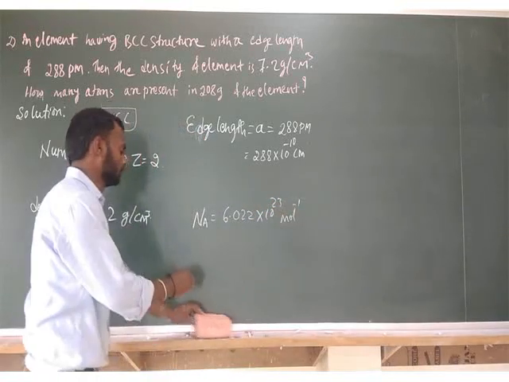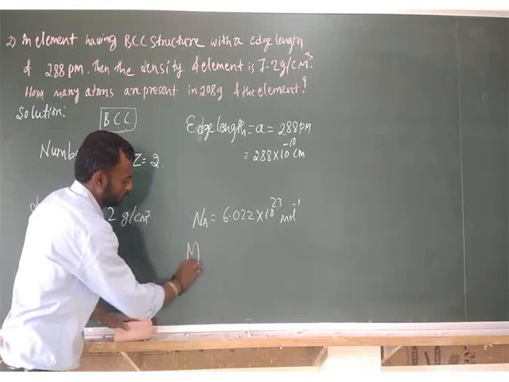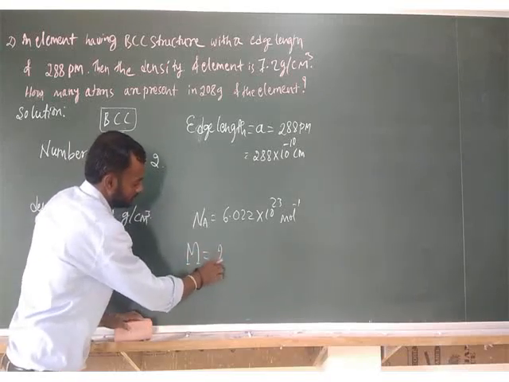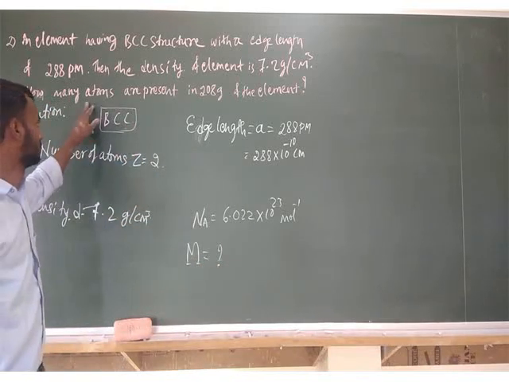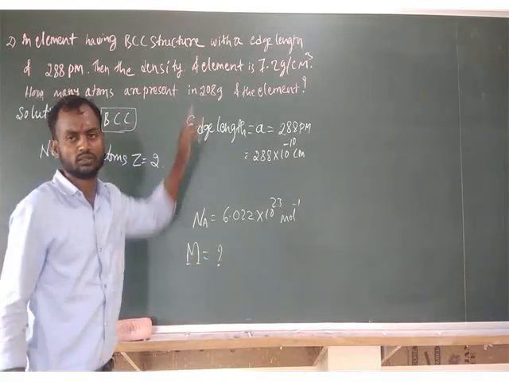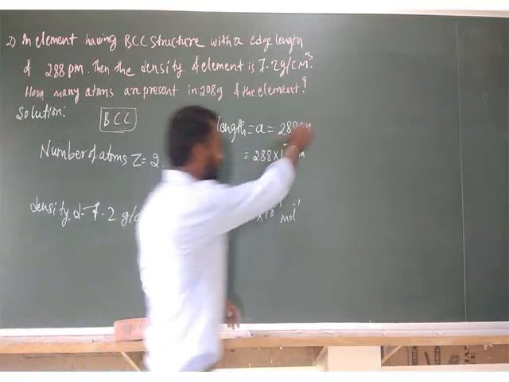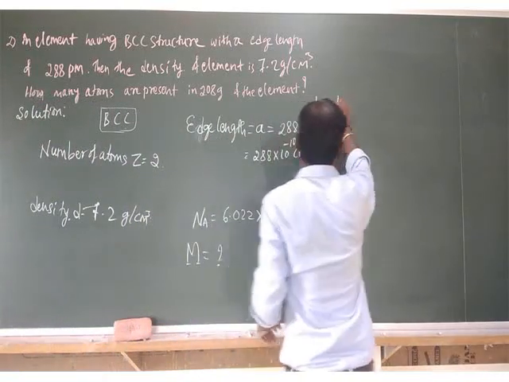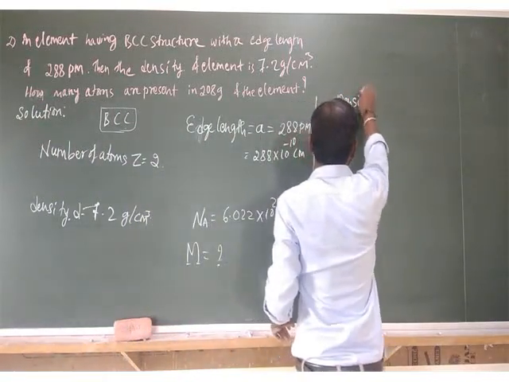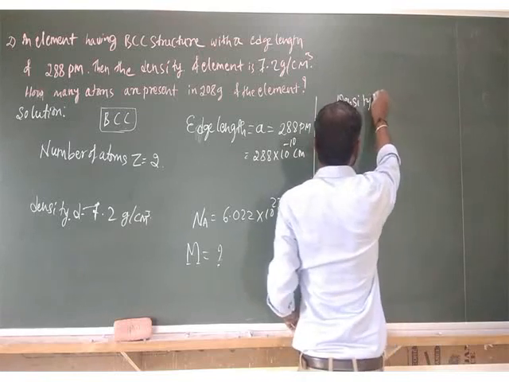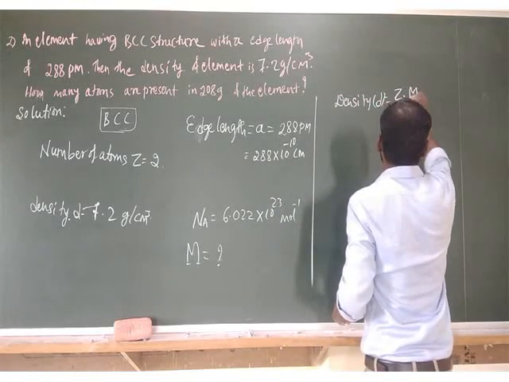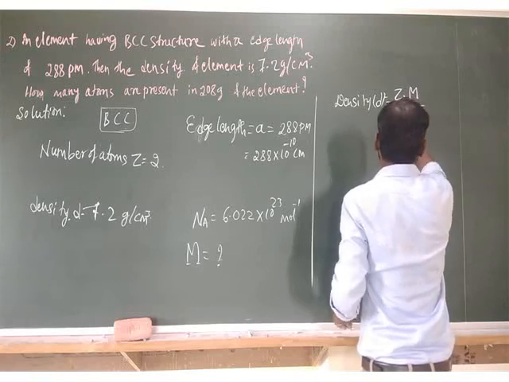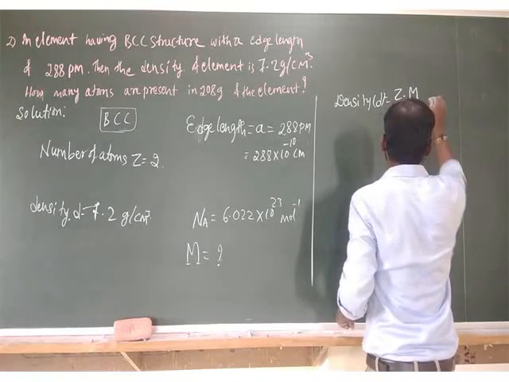The only calculation part is the M value, the molar mass. How many atoms are present in this much molar mass? 208 gram. So the density D is equal to Z into M divided by Na into a cube.